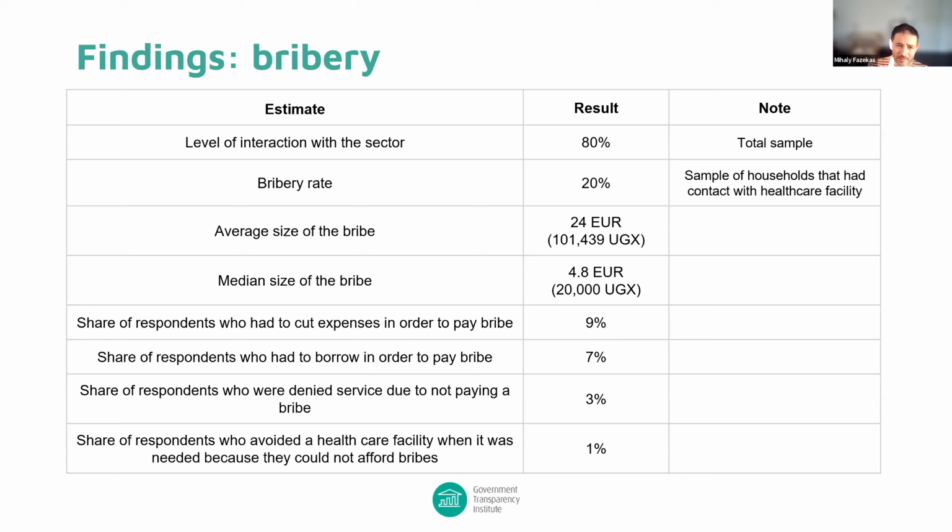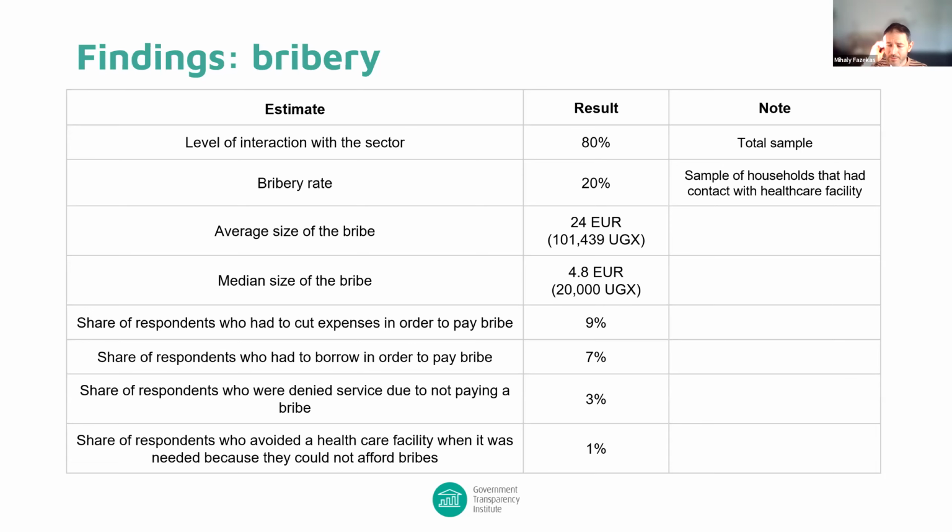And of these 80%, 20% positively responded to having paid the bribe or other in-kind forms of bribery, so working for the public official or giving a gift, what have you. So the average value of these bribes was 24 euros or 100,000 Ugandan shillings, and the median size was much less.